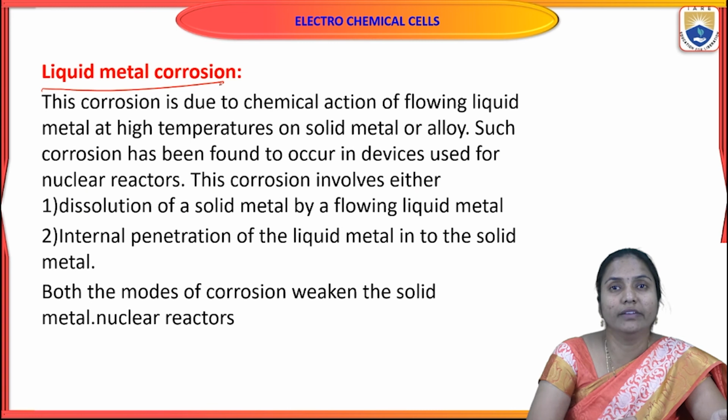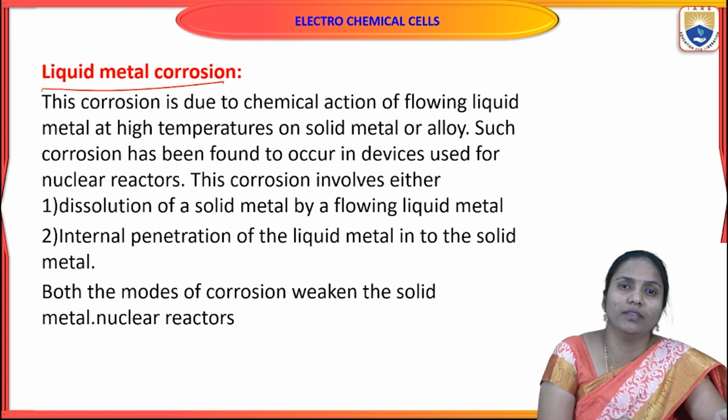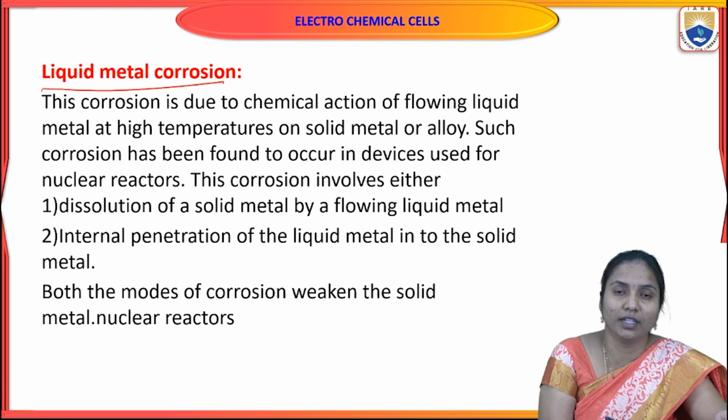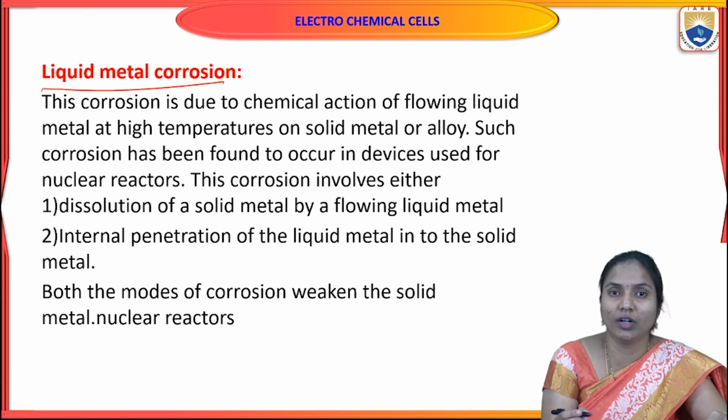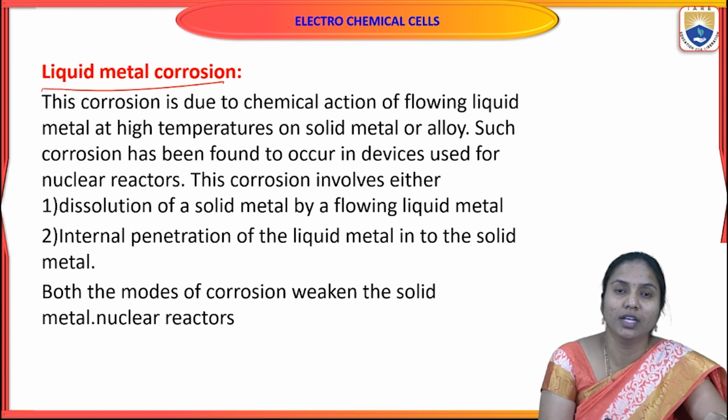Now let's discuss liquid metal corrosion. Simply put, in liquid metal corrosion the metal interacts with liquids. The metal is partially or completely dipped in liquids like water or aqueous electrolytes, or is in contact with a conducting liquid, and this type of corrosion occurs. It is mainly observed in nuclear reactors.